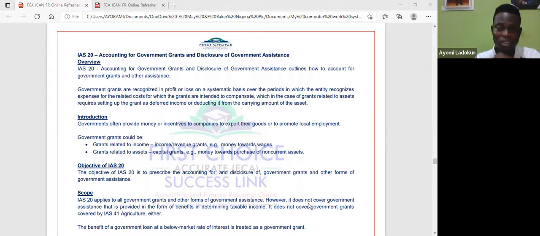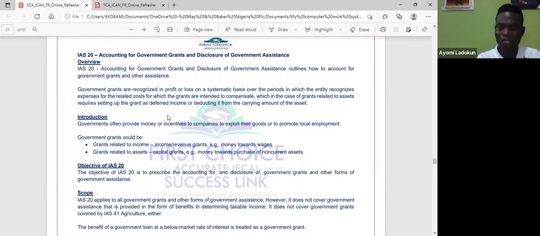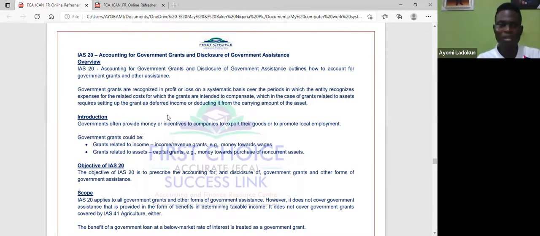Resources could be money or assets. And if it is money, that's grant related to income. And if it is assets, or money was released to buy an asset, then you call it grant related to assets or capital grant.